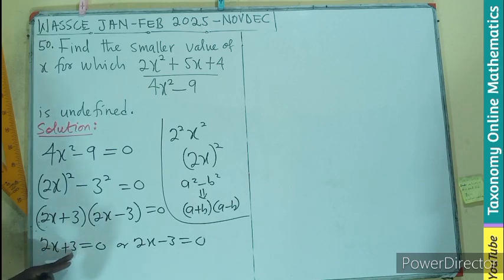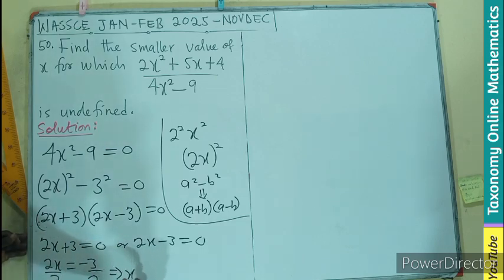Now this is where we transpose this. So it becomes 2x equals negative 3. Since we are looking for x alone, we divide by 2, divide by 2. So this implies that x will be equal to negative 3 over 2.